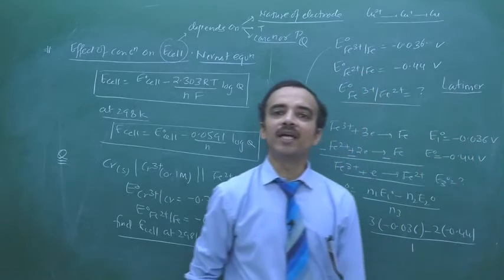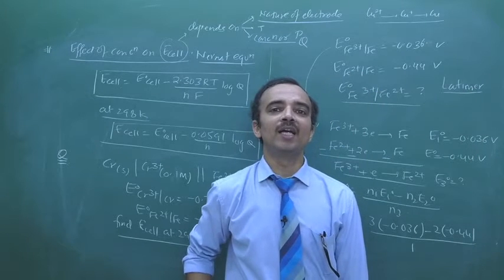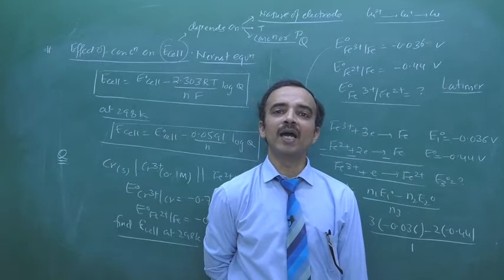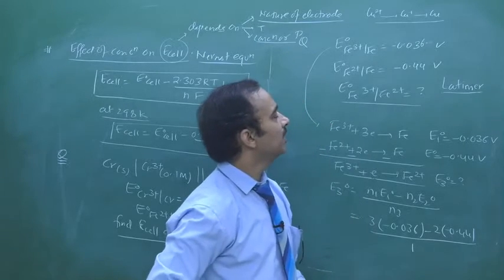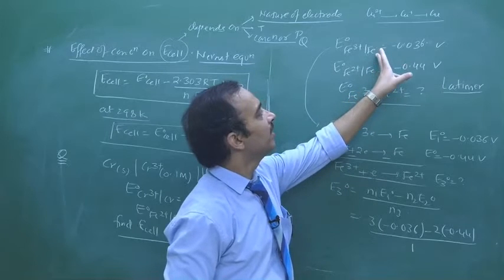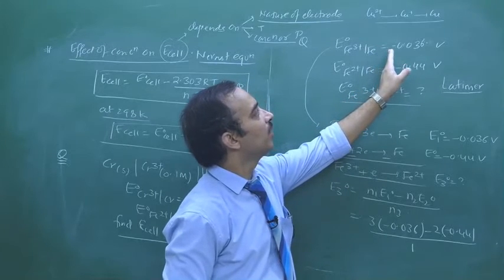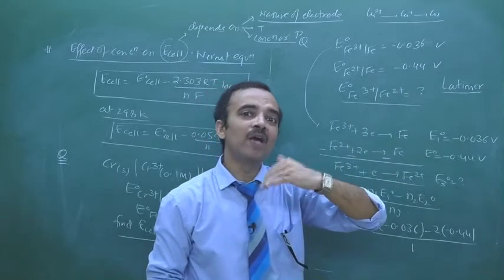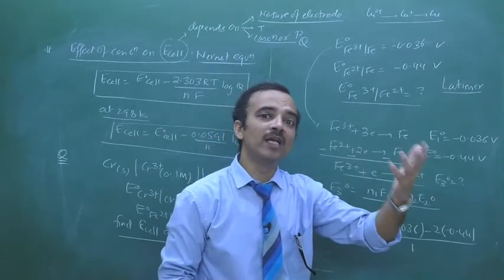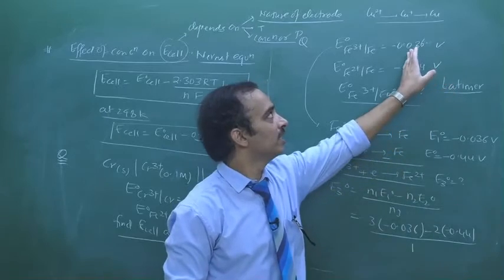What is a Latimer diagram? A Latimer diagram of a chemical element is a summary of its electrode potential data. That means, can you see? Here we are basically giving the summary of electrode potential data of an element. Like when Fe converts from +3 to iron, its electrode potential is this one.